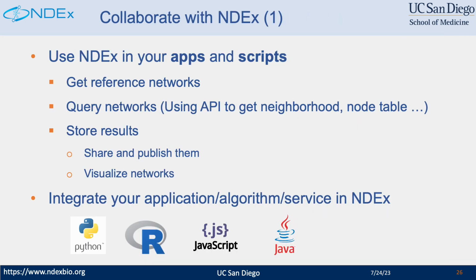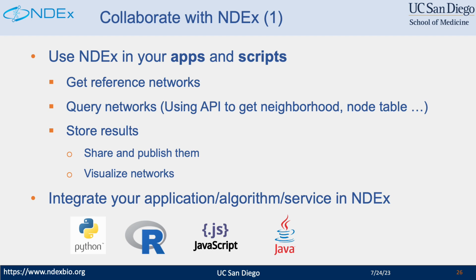Here, I'm just going to summarize the ways of working together with NDEx. First, you can always use NDEx in your apps or scripts. You can use NDEx to find reference networks. You can query those networks using our public API to get network neighborhoods or to export node table.